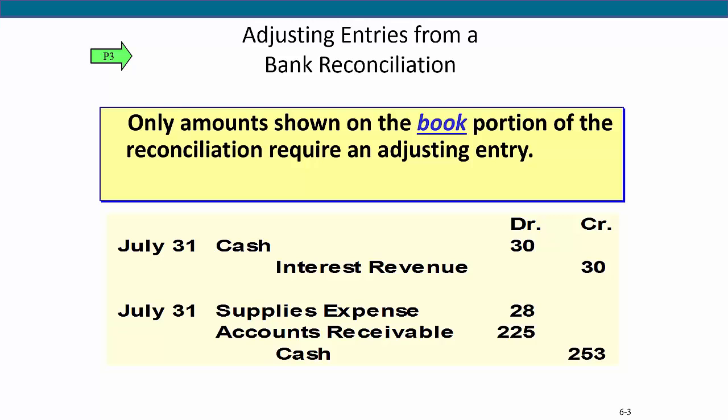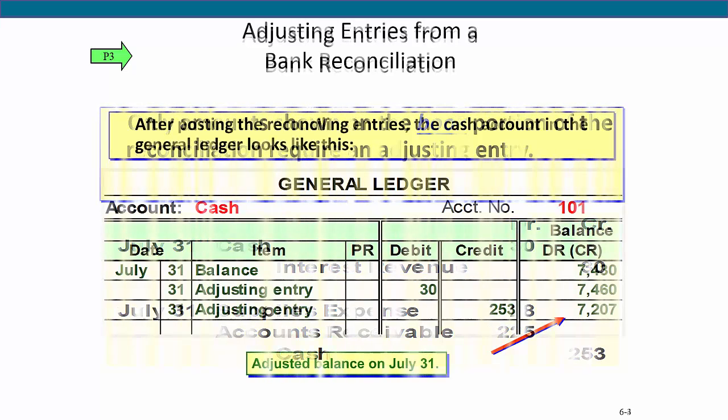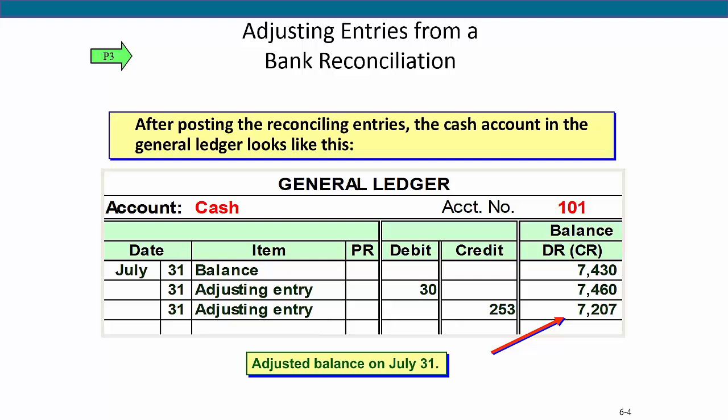The debit to accounts receivable creates an account for the amount of non-sufficient funds check the customer gave us. That was item 3. This debit to accounts receivable indicates that the customer has not satisfied the account. And after posting these entries, the balance in the cash account is adjusted to the balance on the bank reconciliation of $7,207.